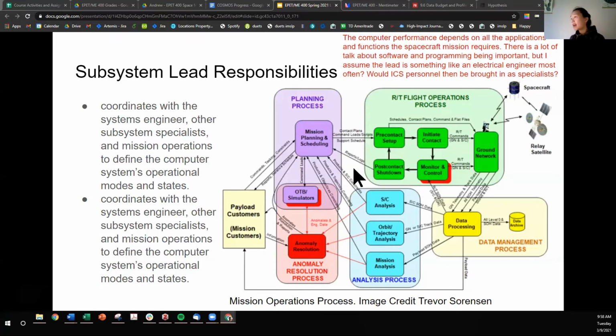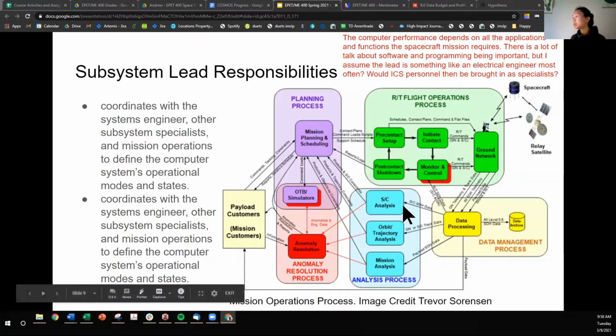So a lot of these tasks are like mission planning and scheduling, simulating, resolving anomalies, doing spacecraft analysis and orbit trajectory analysis, mission analysis.